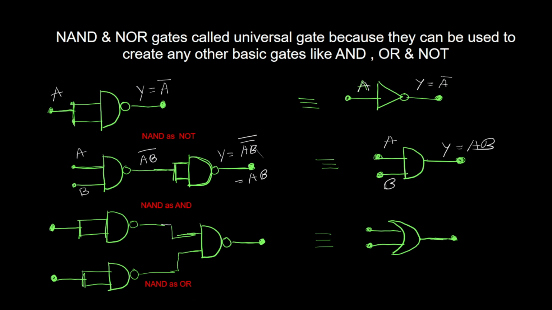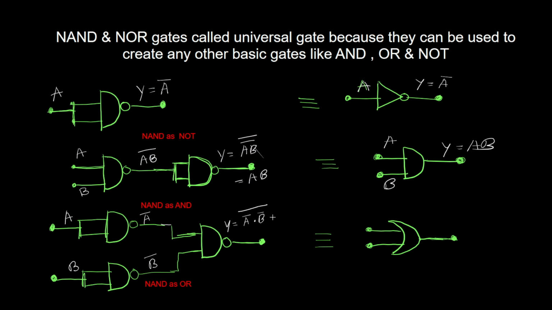Let's see how. If we take A here, you will get A complement here. Now if we take B here, you will get B complement here. Now this NAND gate will give you Y equals (A complement dot B complement) whole complement.